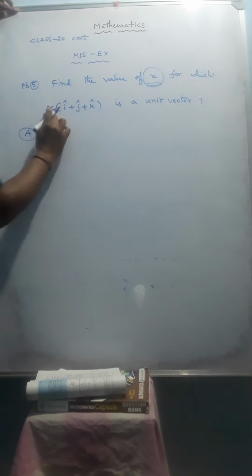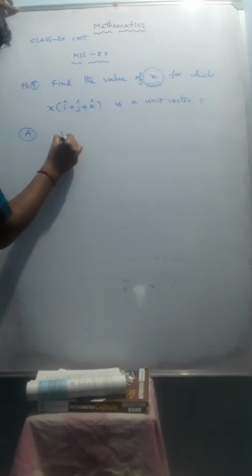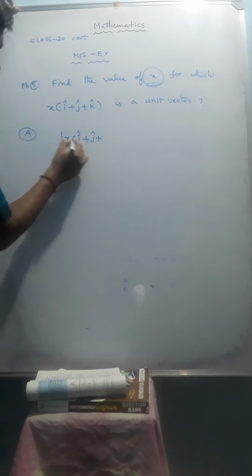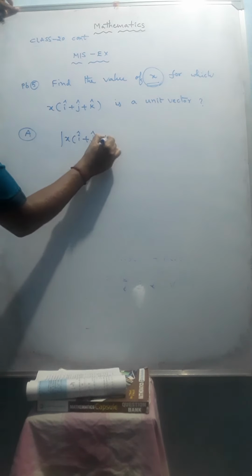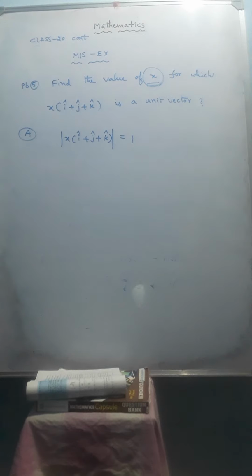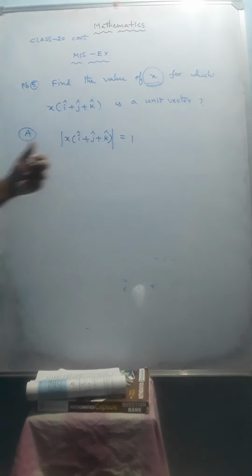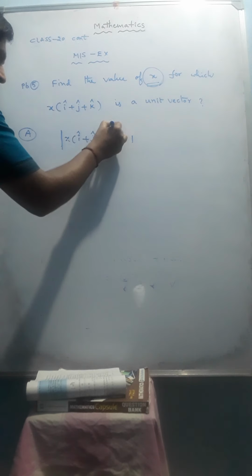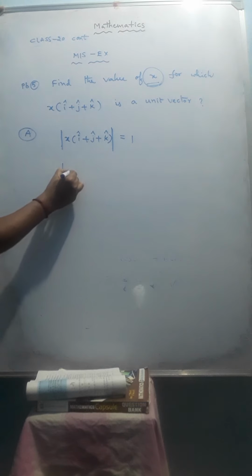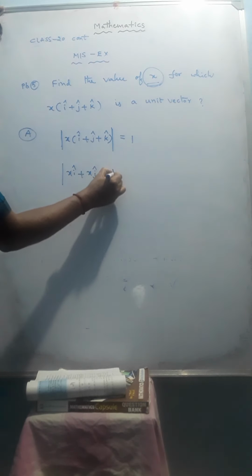Okay, so this vector is equal to a unit vector. That means the magnitude of x into i cap plus j cap plus k cap is equal to 1. Unit vector means the magnitude value is equal to 1. Magnitude value means modulus value is equal to 1. Now multiply, so xi plus xj plus xk.